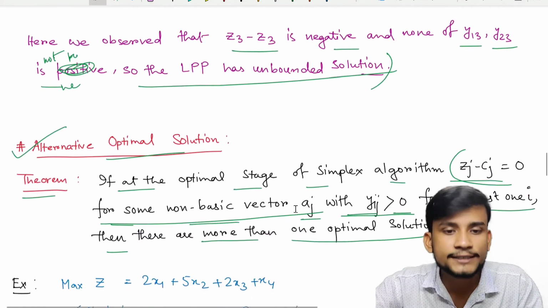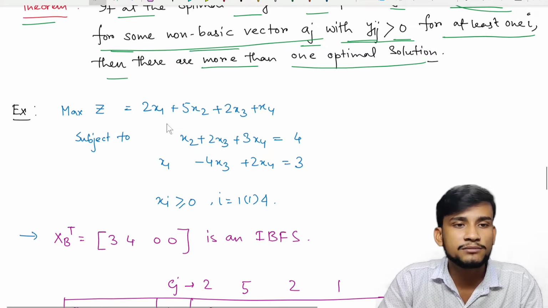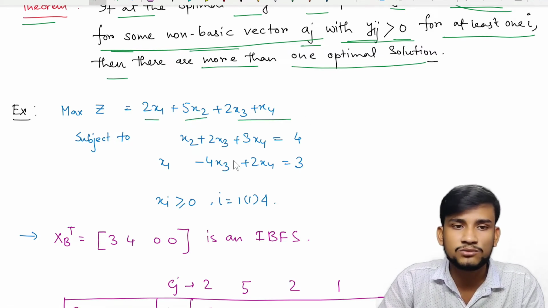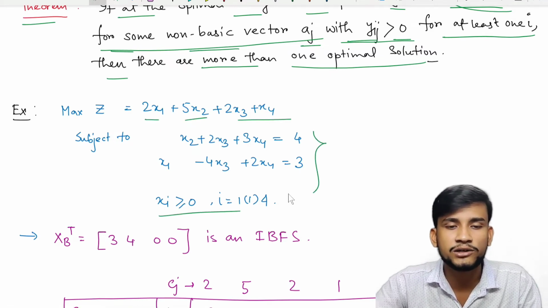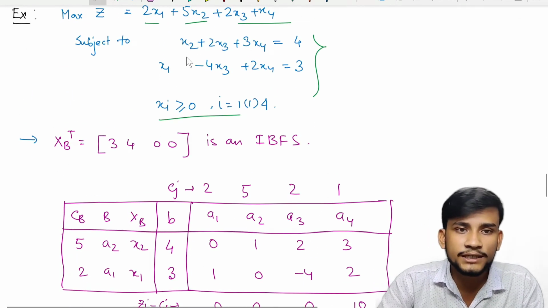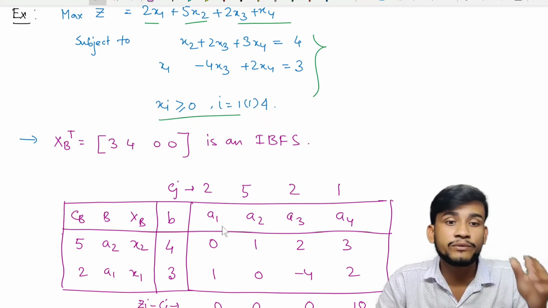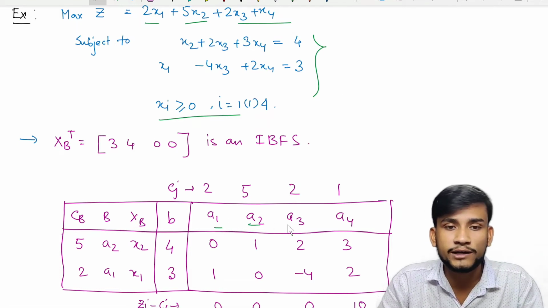So let us take an example for this type of problem. Consider maximize z equal to 2x1 plus 5x2, subject to these two constraints, with xi greater than or equal to 0, non-negative. Now the corresponding vectors are a1, a2, a3 and a4.